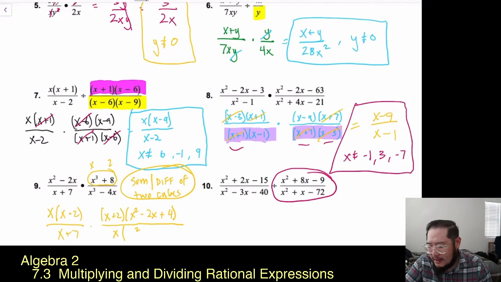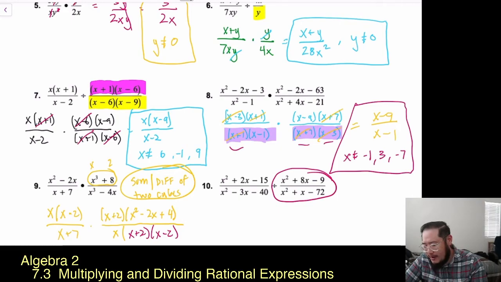I will delete that and turn that into x plus 2 and then x minus 2. Maybe there's more that we could factor out. Is there? That x squared minus 2x plus 4, not factorable. Okay, so we've got no business with that. Can leave that alone.